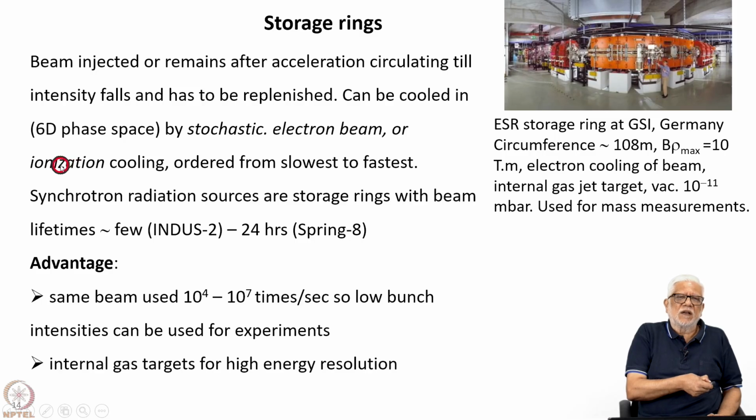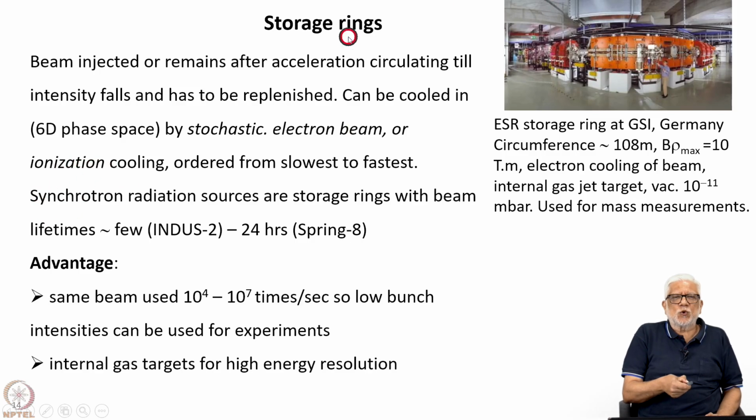So these are second order secondary beams, and they might be useful in making muon colliders, for example. And since the muon lives only for 2.2 microseconds, even if it is relativistic, with a gamma factor of, let's say, 100, that still means about 200 microseconds. So you have to do everything within 200 microseconds. So you have to cool it and accelerate it within a very short time, and that is where this ionization cooling has been conceived, and the proof of principle has actually been done.